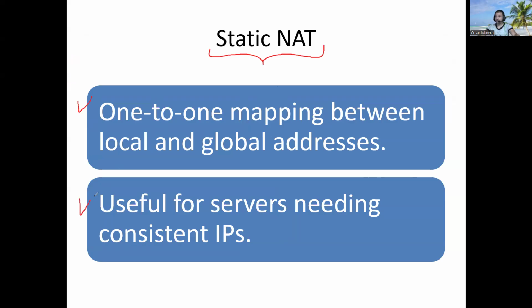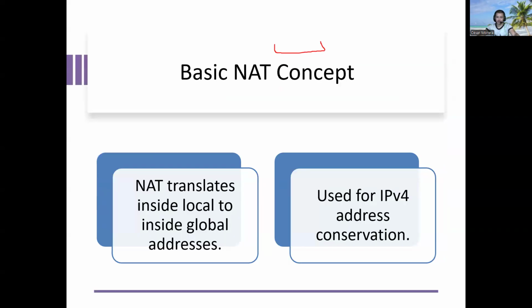So these are the two definitions that we have for static NAT. Basically, NAT is a mechanism to avoid IPv4 address exhaustion, meaning it allows us to have enough IP addresses for all the companies around the world.